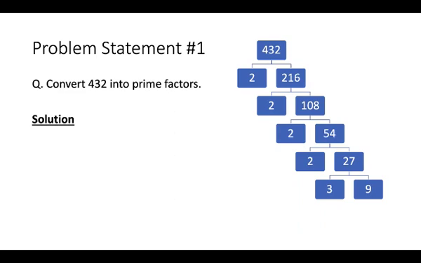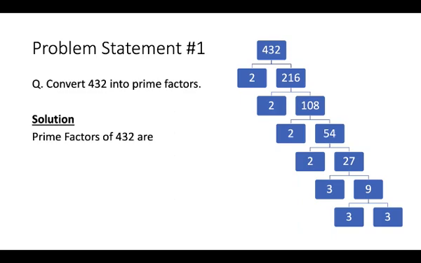Factors of 27: 3 and 9. And factors of 9 are 3 and 3. So, prime factors of 432 are 2 into 2 into 2 into 2 into 3 into 3 into 3. 432 is equal to 2 raised to power 4 into 3 cube.